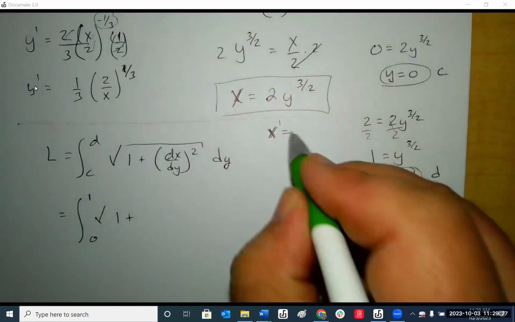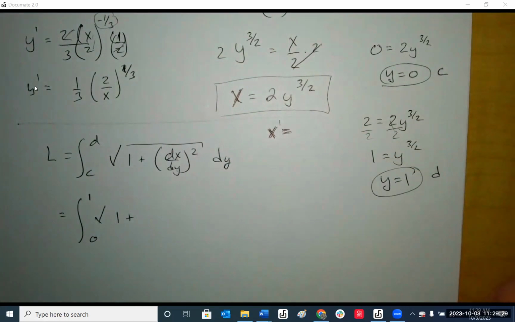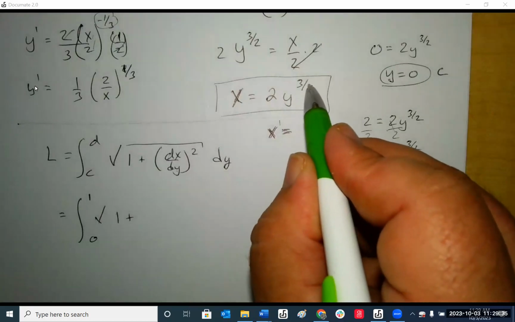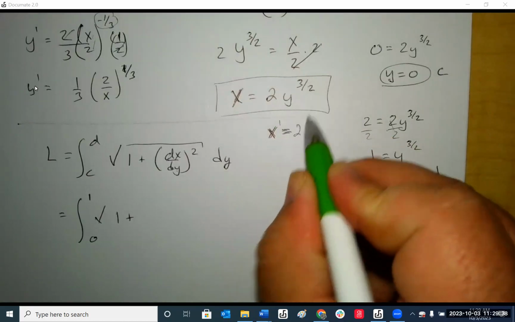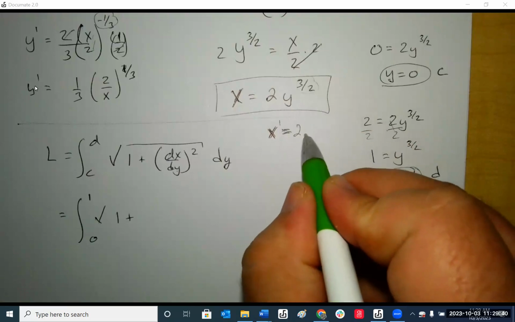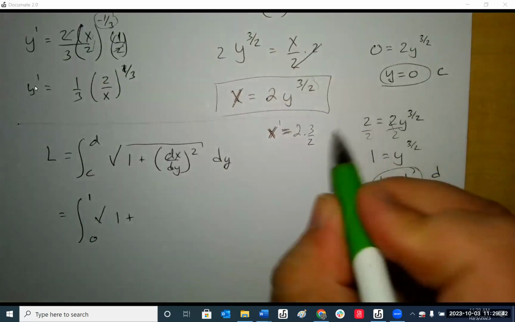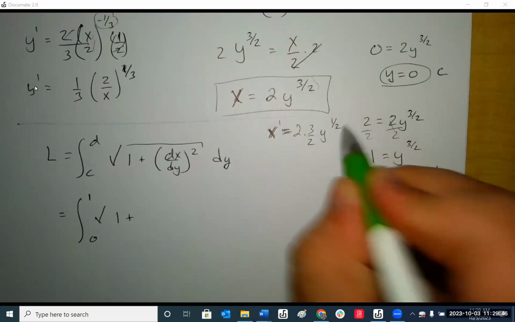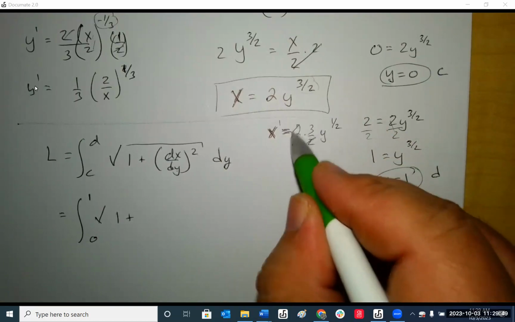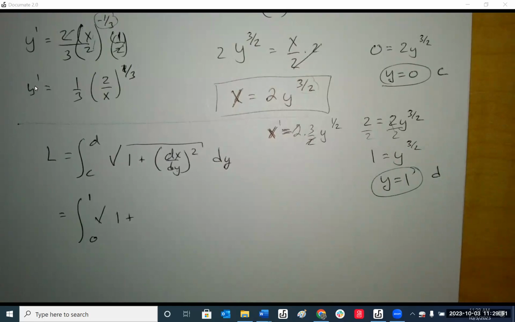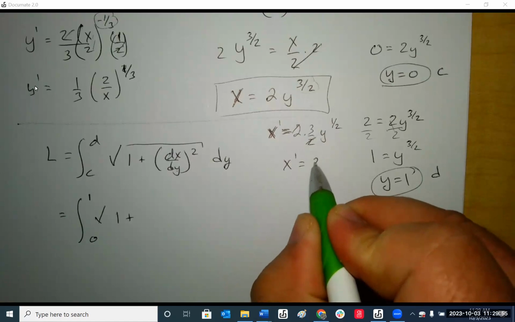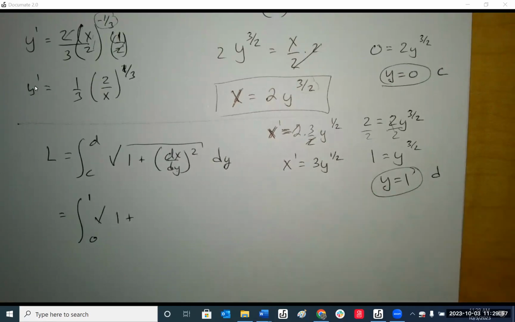What's the derivative of x? So we have a 2 out in front. The derivative, bring that down, 3 over 2. And subtract 1 makes it 1/2. So the derivative of x is 3y to the power 1/2.